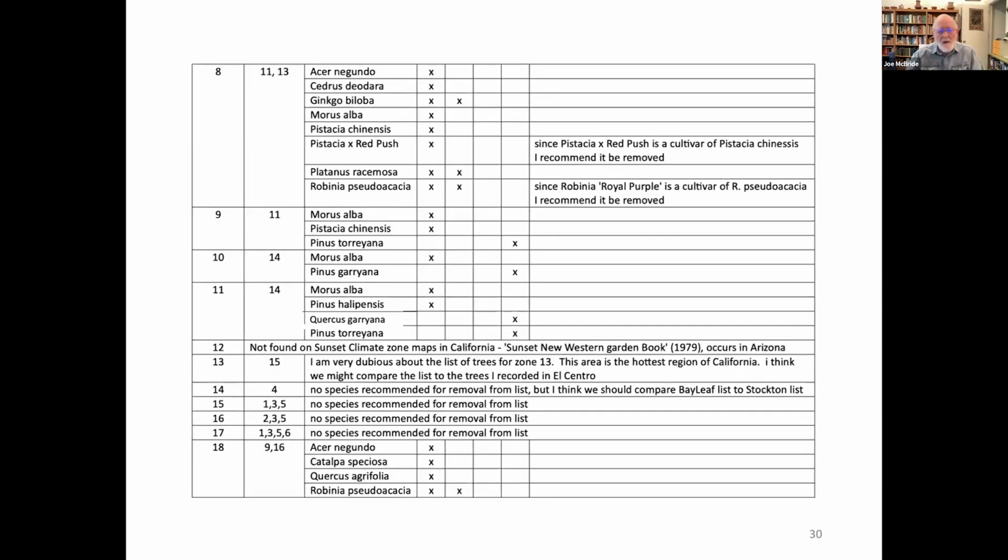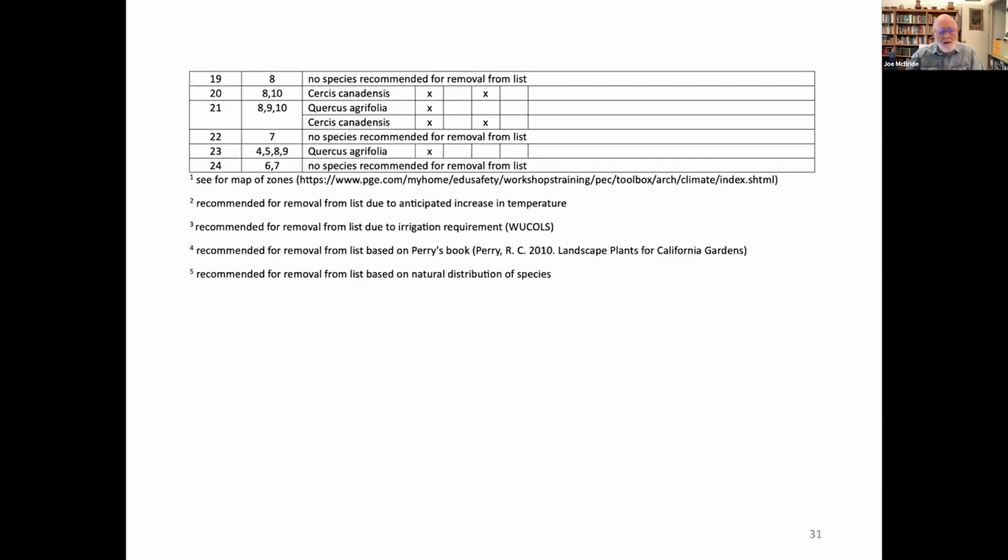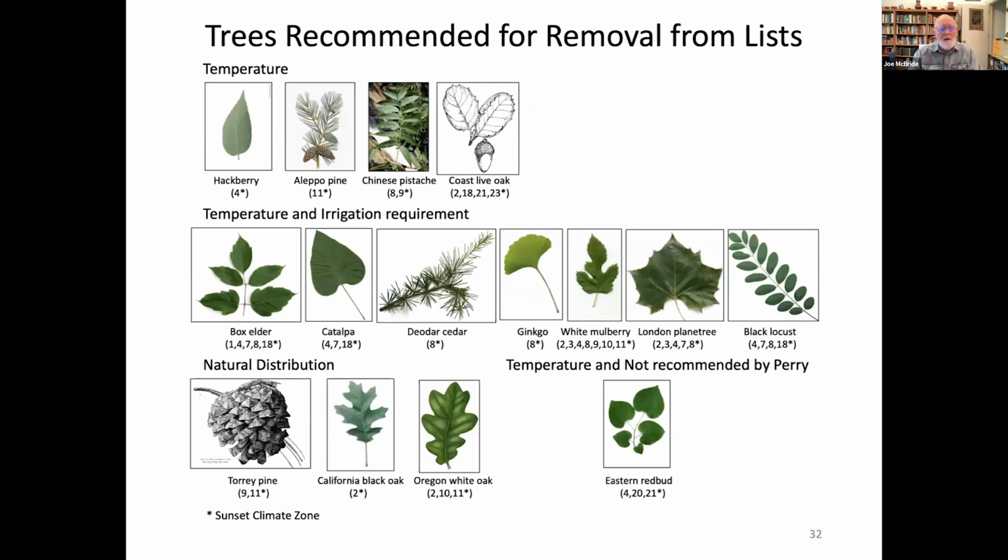It's actually a somewhat long list and best summarized, I think, in this slide, so that we did not recommend that hackberry be used in Sunset climate zone number 4. And you can see there are 3 other tree species that were not recommended because of their lack of tolerance to the increasing temperatures in the specific climate zone.